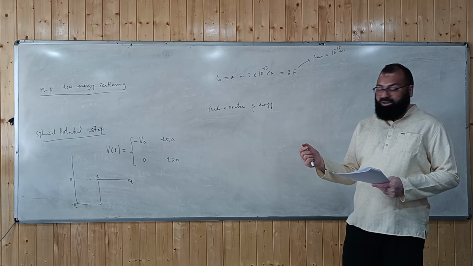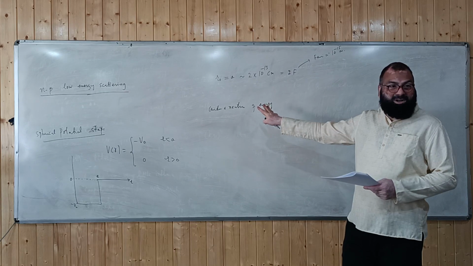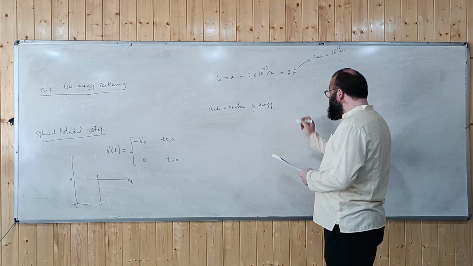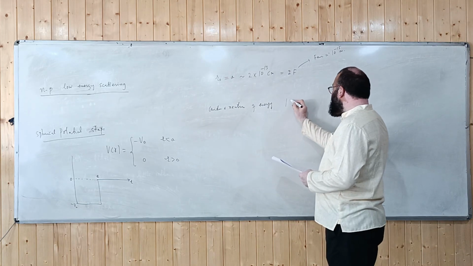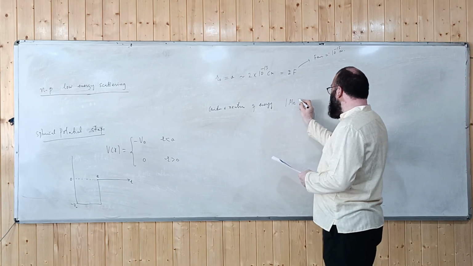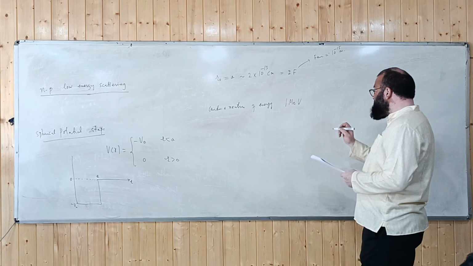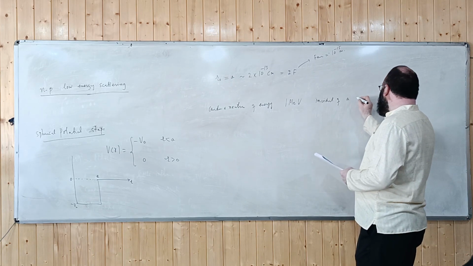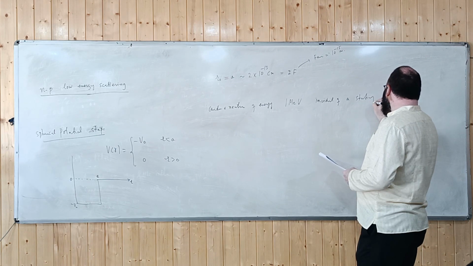Deuteron, is it? So you can think we are modeling that kind of object. Let's consider a neutron energy of 1 MeV, incident on a stationary proton.